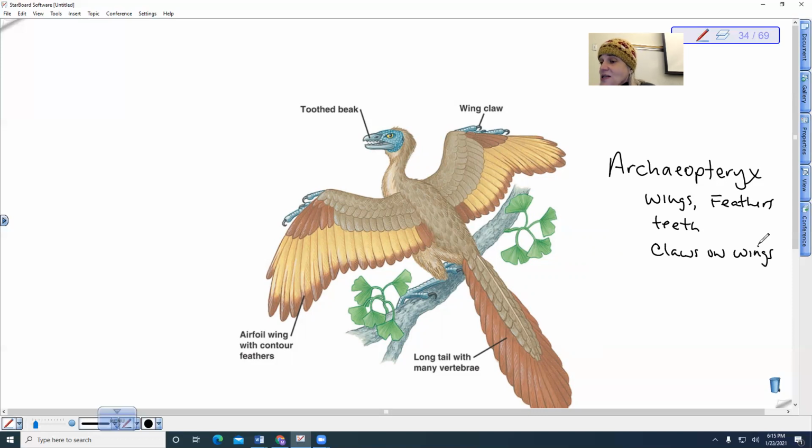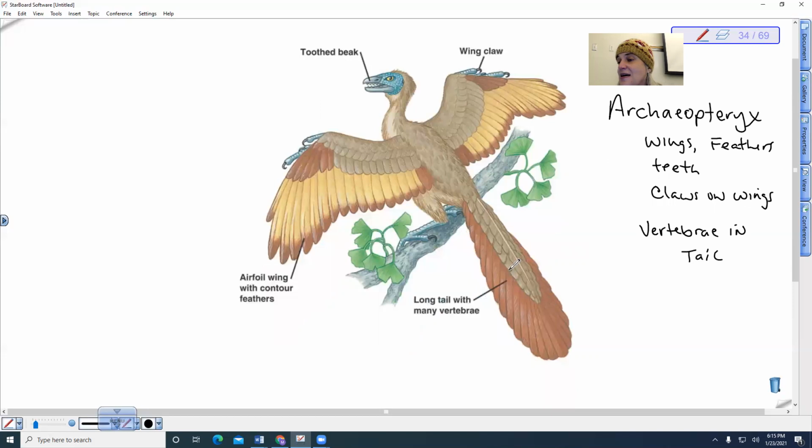The other thing that it has, which is kind of interesting, is vertebrae that extend down into its tail. We don't see that in modern birds. The tails are just feathers. So even long-tailed birds, they don't have the vertebrae down into their tail feathers.